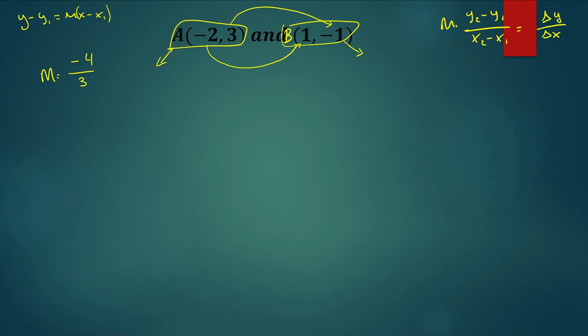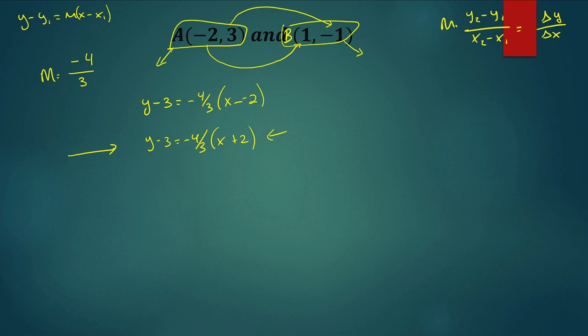So we're going to use A on the left side. So here's what I mean. So y minus my y value, which is 3, equals my slope times x minus a -2. So remember, we have to simplify here. So y minus 3 equals -4/3 x plus 2. If you can get to this point, you're golden. You're good. You're done.